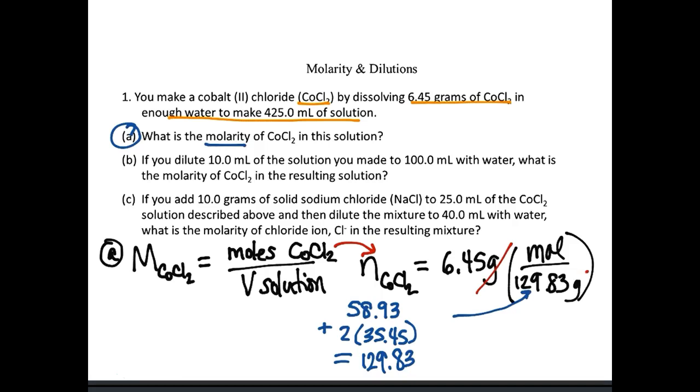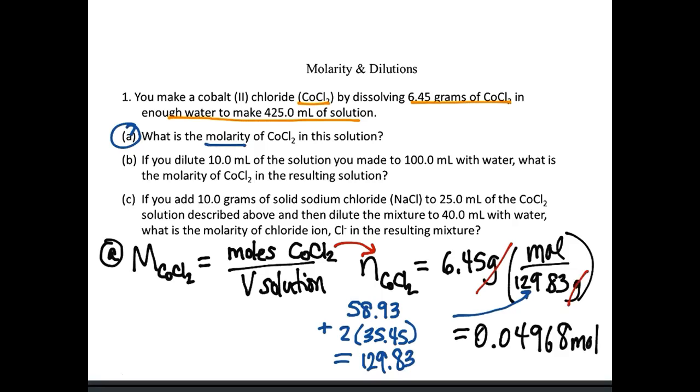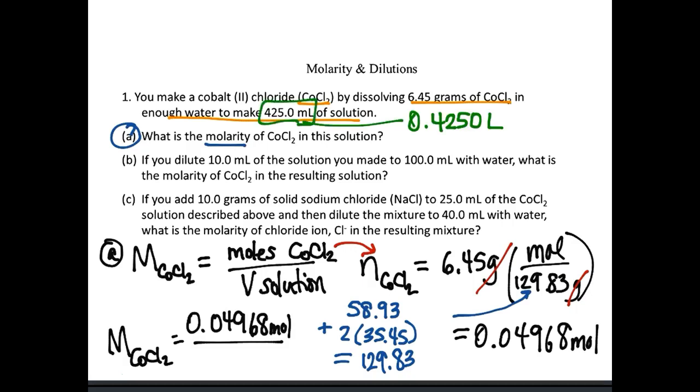So if we divide the mass by that molecular weight, we get 0.04968 moles, and that goes in the numerator. The denominator is 425 milliliters, which, if you convert into liters, you can either divide by 1,000 or move the decimal point over three spaces, and that gives you 0.4250 liters, and that goes in the denominator.